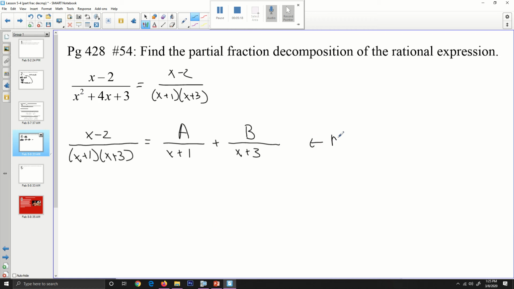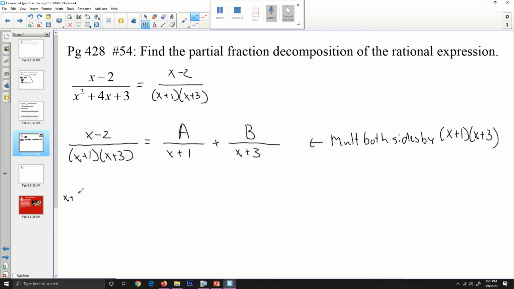I am going to multiply both sides by the denominator of the fraction on the left. So x plus 1 times x plus 3. Now, you know what? I'll write it out.